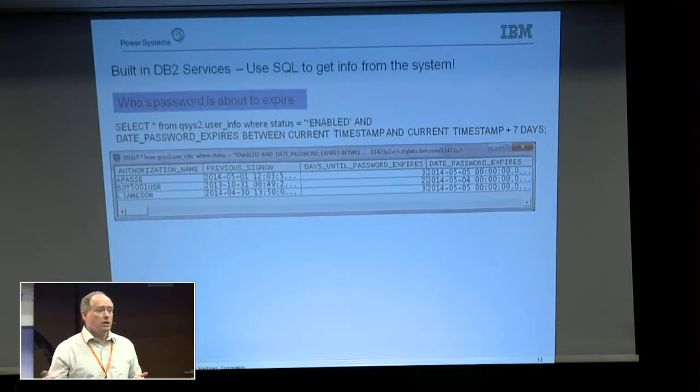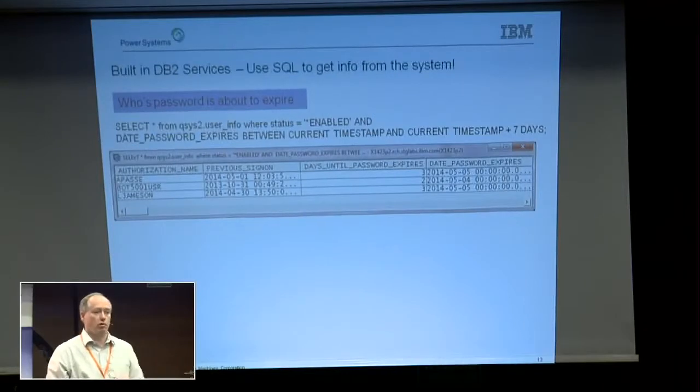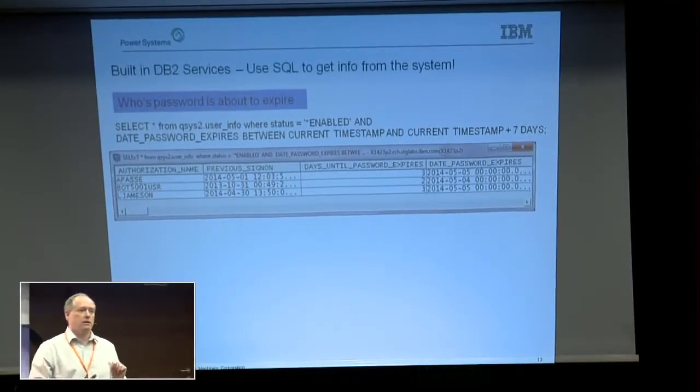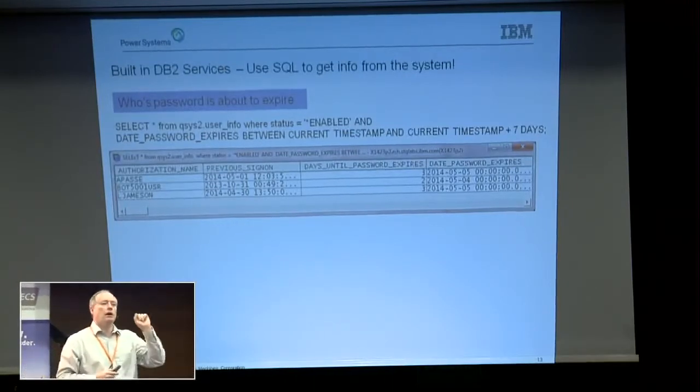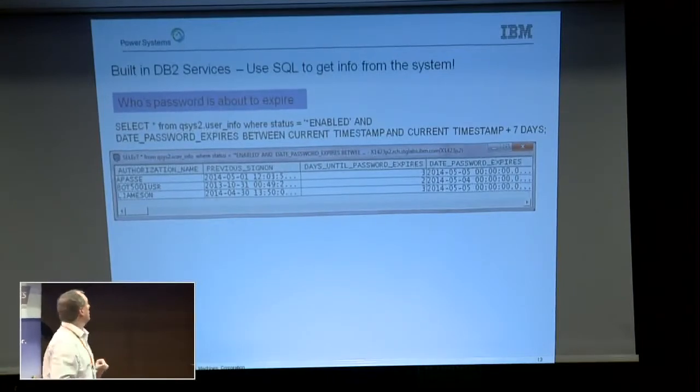I want to know which job on my system is using the most storage. How do you do that today? Call an API. You call a CL program. With DB2 services, I can use SQL. And it's pretty simple.